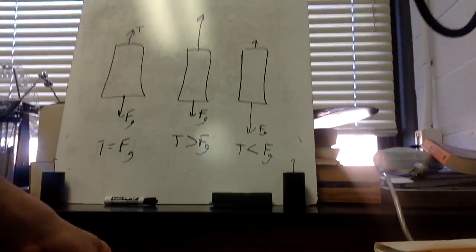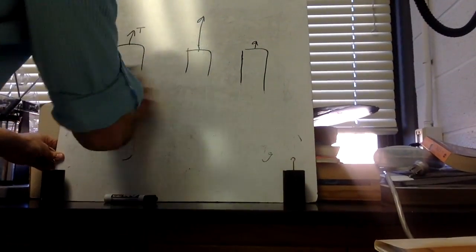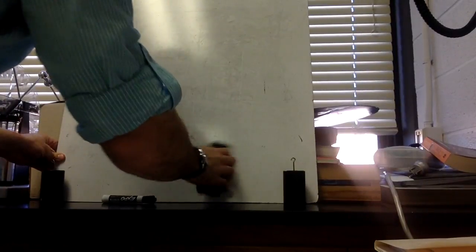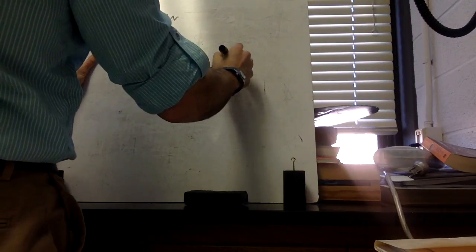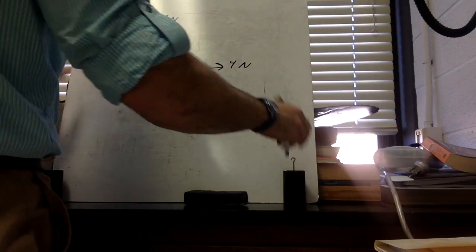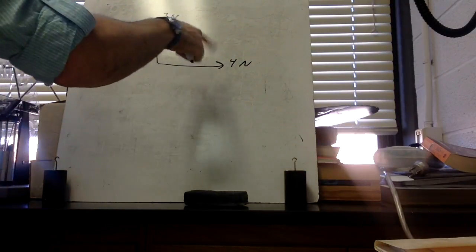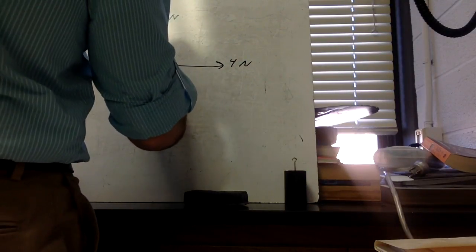Okay, and so here's the idea. There's a force here. It's 3 by 4. Let me put it up on the board. Okay, so I've got these two forces. I'll describe this.